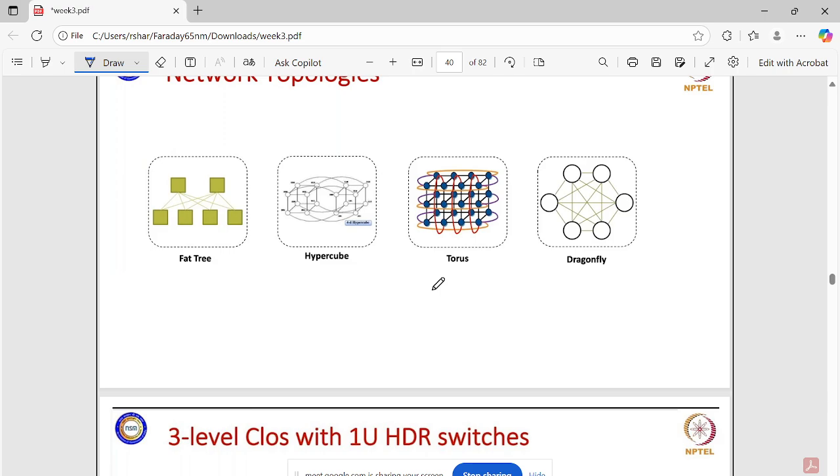There are various kinds of network topologies: standard tree topology, fat tree, hypercubes, torus, dragonfly. What is the common difference between all of these and the World Wide Web, a random mesh?